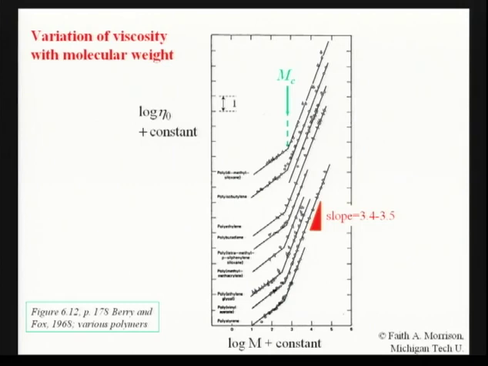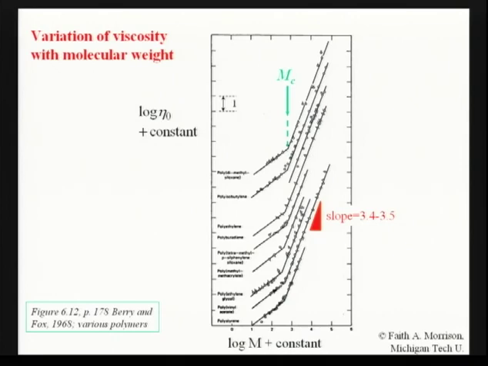Doubling it is a factor of 10. This only happens above some critical molecular weight. Below that critical molecular weight, the slope is 2. Very interesting. But no matter what you slice, these are all zero shear viscosities. It only is telling us the difference in the viscosity at low shear rate.